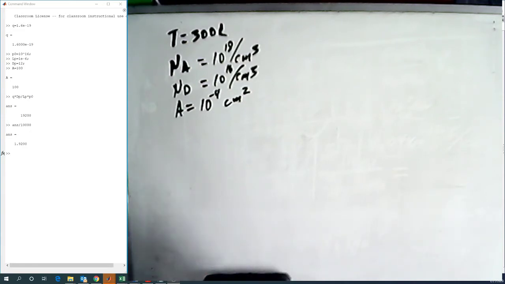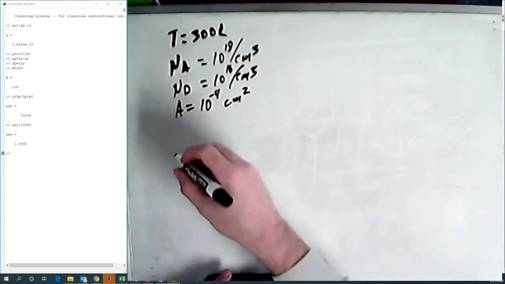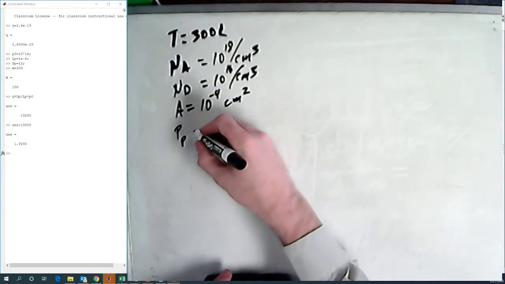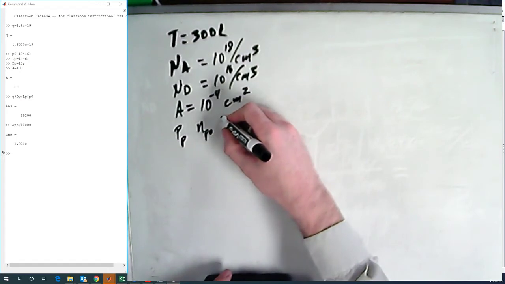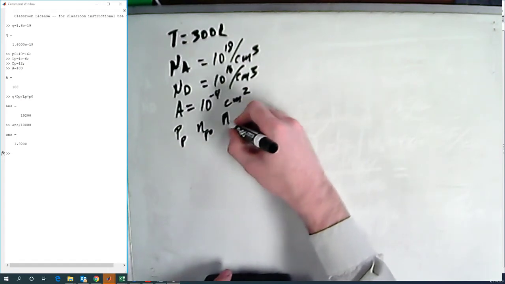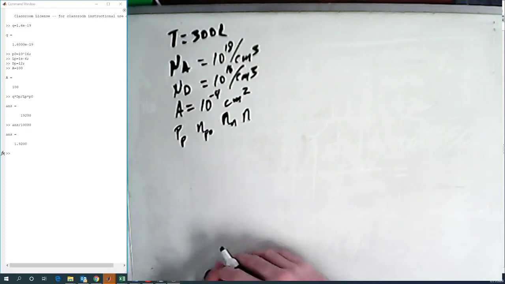And they want us to calculate whole bunches of stuff: p_p0, n_p0, n_n0, p_n0.